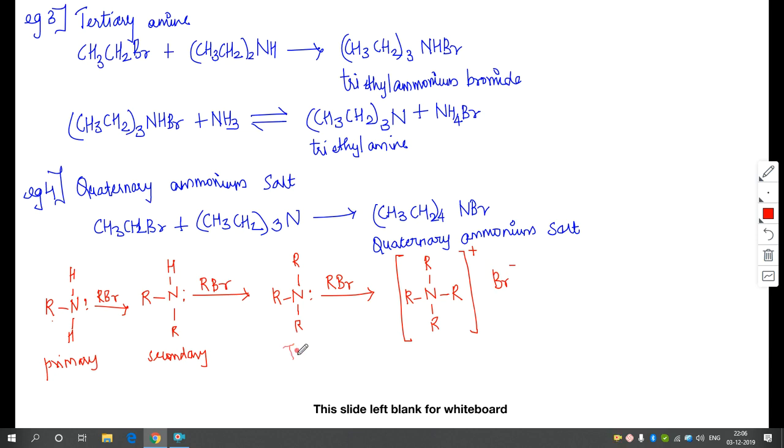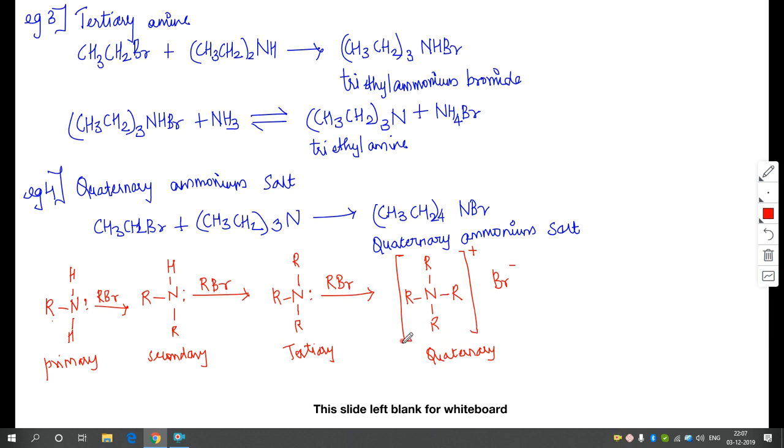So finally, what we are getting is a quaternary amine. This is in short how we are getting this nucleophilic substitution reaction, a successive substitution of the amine group. So in the initial reactions, excess ammonia is favoring the primary amine to the secondary, then excess alkyl halide is favoring the formation of the last quaternary ammonium salt.